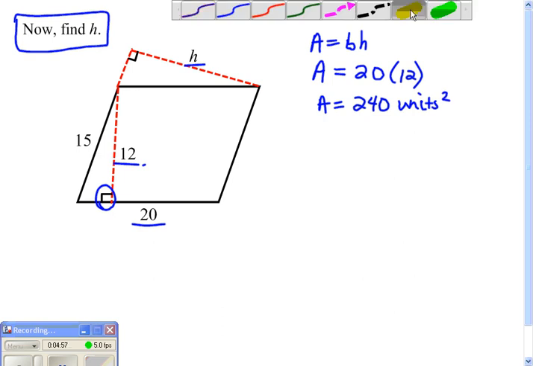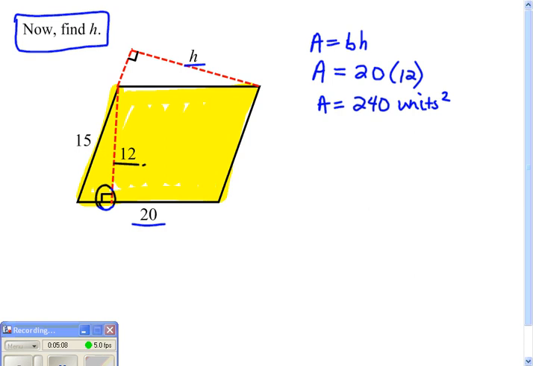Now this parallelogram is not changing its shape or its size, shrinking or growing. It's just sitting there like a good little parallelogram does. And so its area is not changing. So that yellow area is still the same. All I'm going to do is now use my other base height pair to find the height, plugging into this formula the things that I already know. Well, I already know the area is 240 this time.